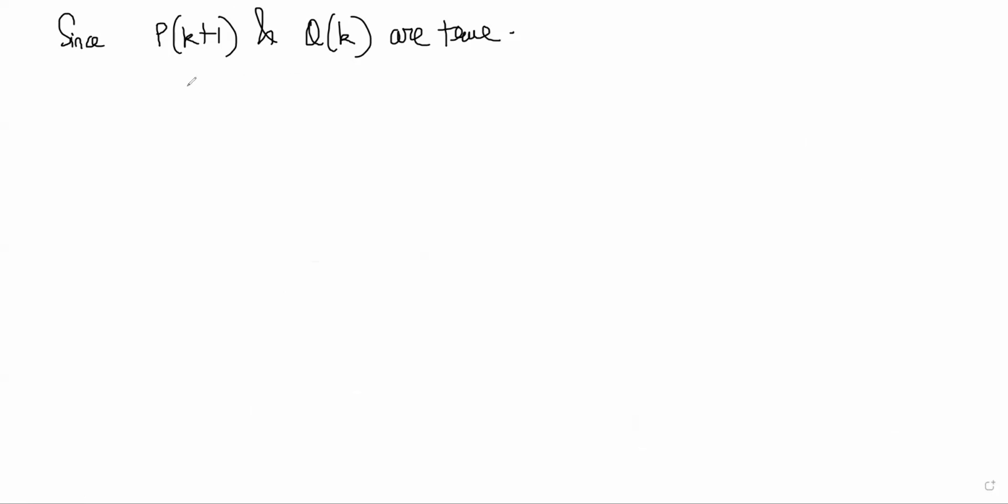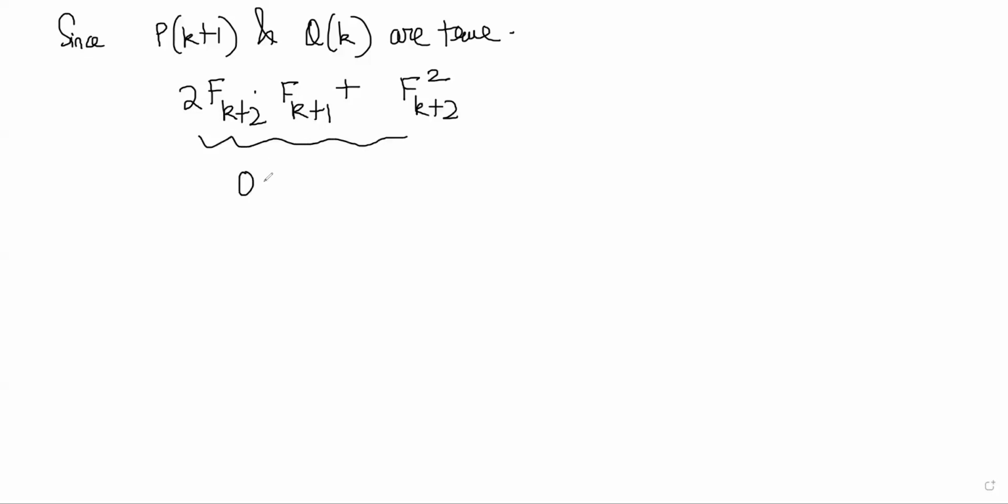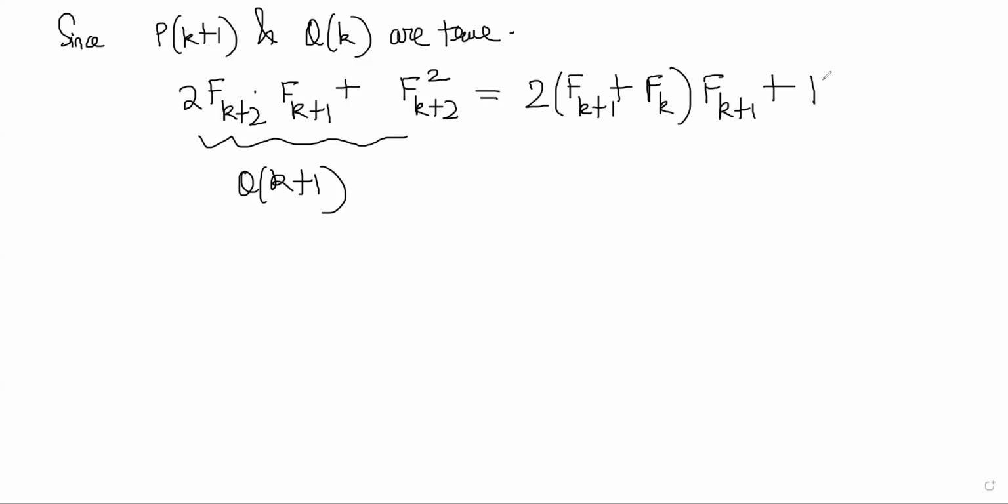We get 2 times f of k plus 2 into f of k plus 1 plus f of k plus 2 whole squared. I'm trying to evaluate q of k plus 1 here, right? Is equal to 2 times f of k plus 1 plus f of k into f of k plus 1 plus f squared of k plus 2.